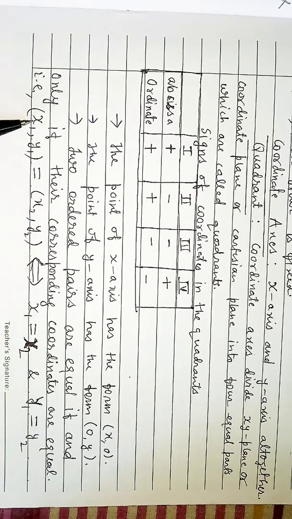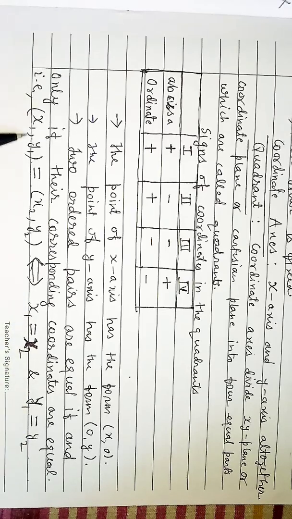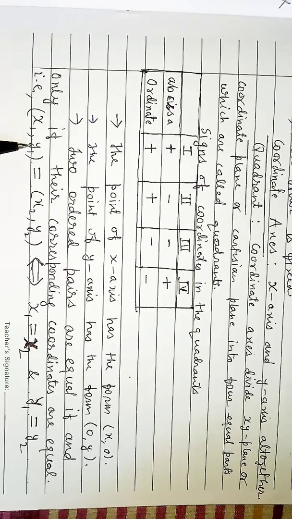That is, if (x1, y1) is equal to (x2, y2), then x1 is equal to x2 and y1 is equal to y2, and conversely, if x1 is equal to x2 and y1 is equal to y2, then ordered pair (x1, y1) is equal to ordered pair (x2, y2). Corresponding coordinates means x coordinate of first ordered pair with x coordinate of second ordered pair, y coordinate of first ordered pair with y coordinate of second ordered pair.